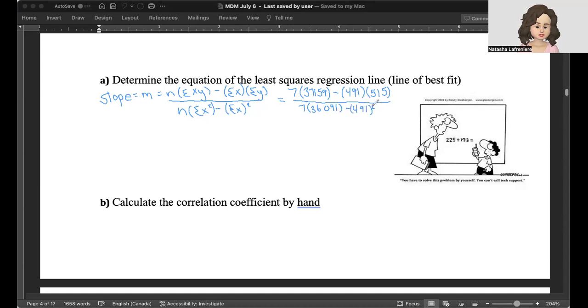91, and then that'll be squared. So this gives us 0.6272. So that means that the model predicts a 0.6272% increase in overall grade 12 average. So I'm going to write that down.